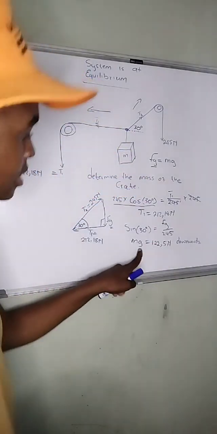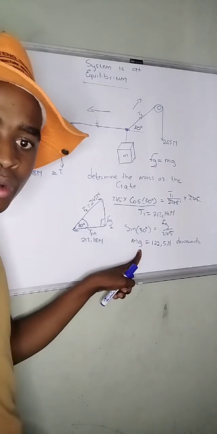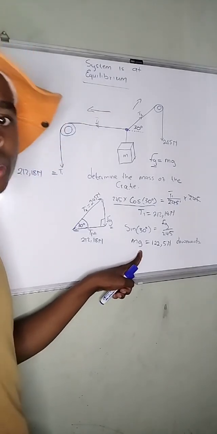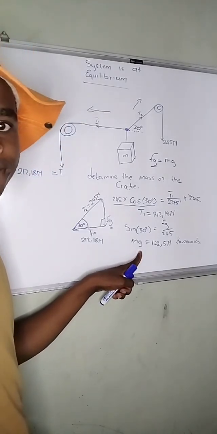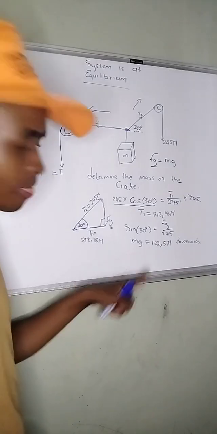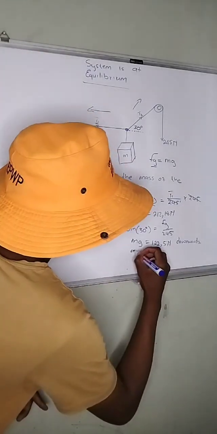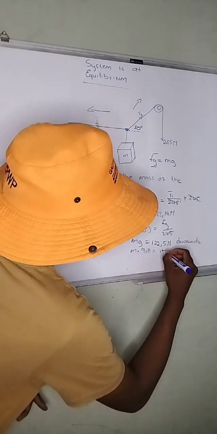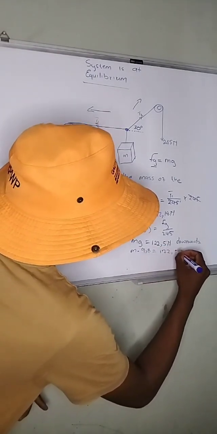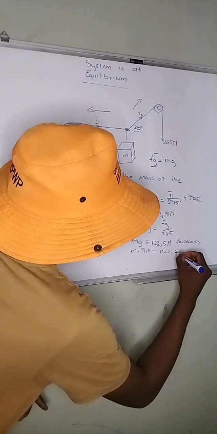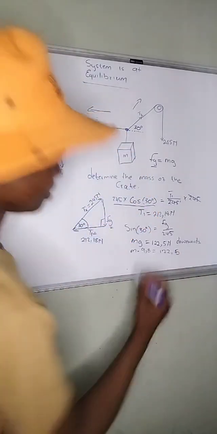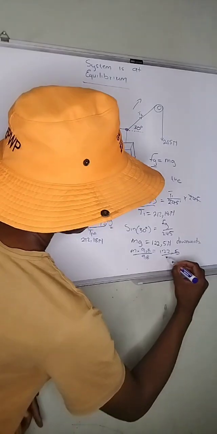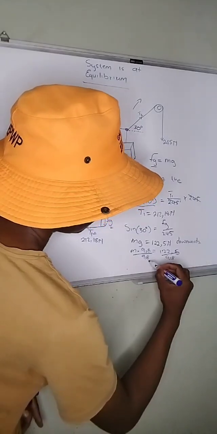So what's going to be the value of the G? The G is going to be how much? 9.8. M multiplied by 9.8 is going to be 122.5. Then divide by 9.8, divide by 9.8.